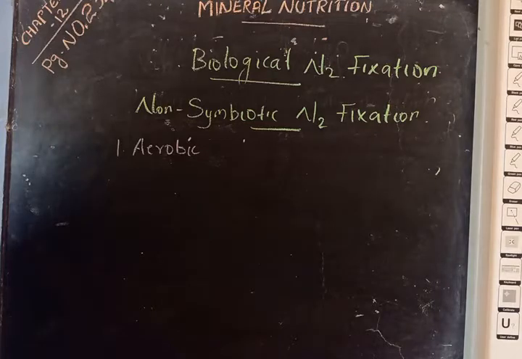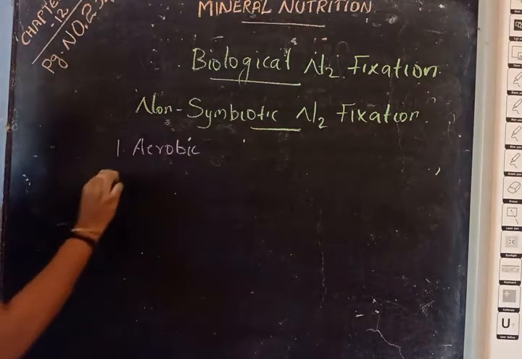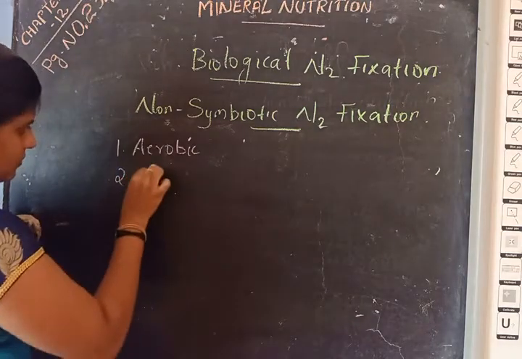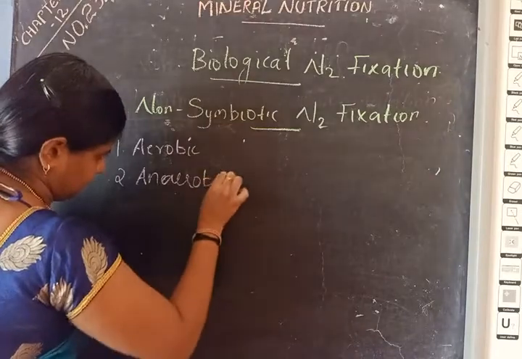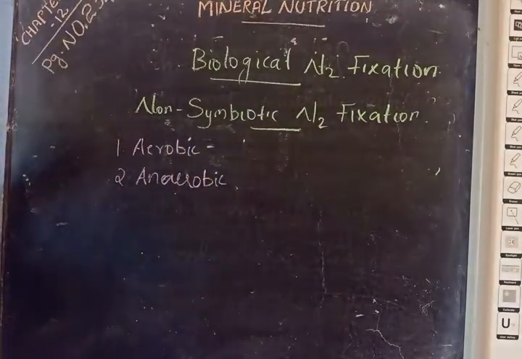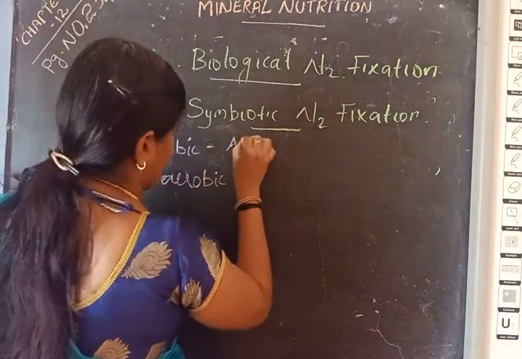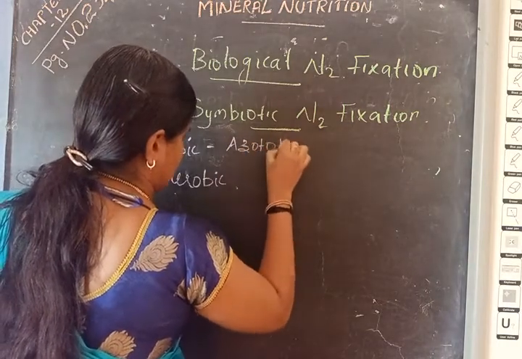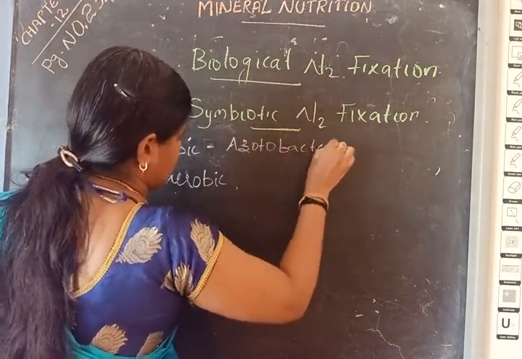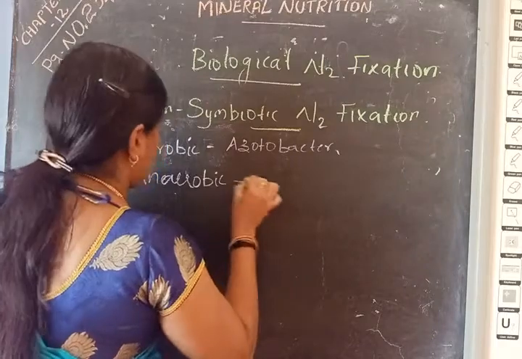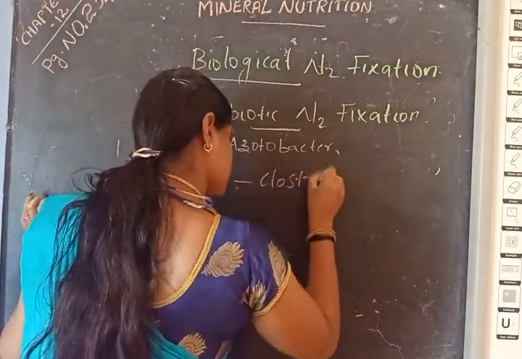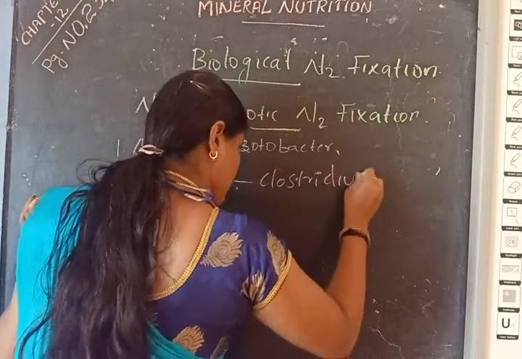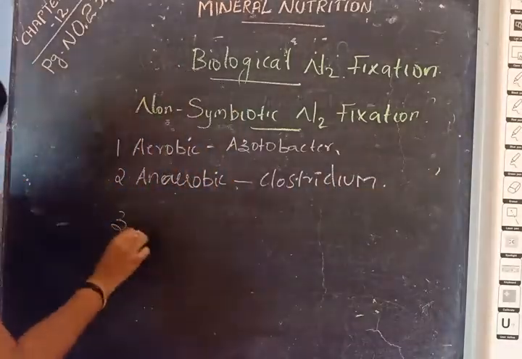Those bacteria help in aerobic nitrogen fixation, whereas in anaerobic it is Clostridium.